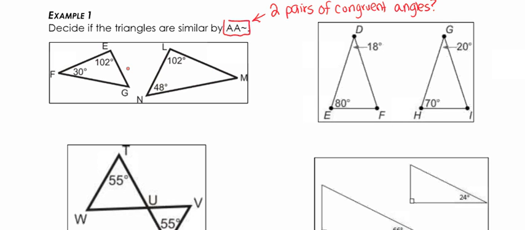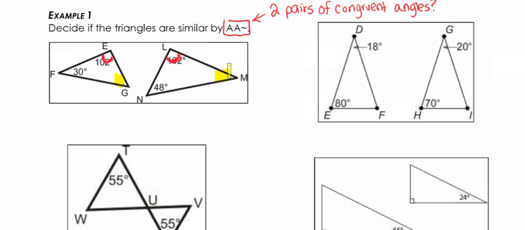When I look at this first example, I see these angles that each measure 102. I know that they're congruent. I see the second pair of angles, 30 and 48, but I don't know anything about this missing pair of angles at G and N.